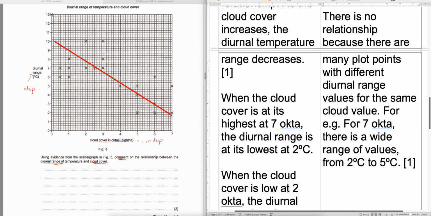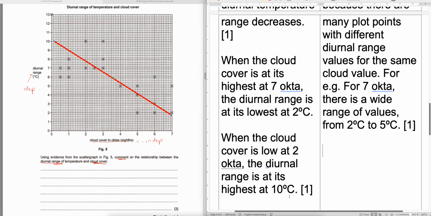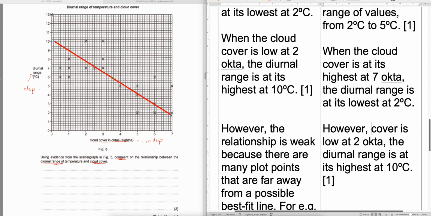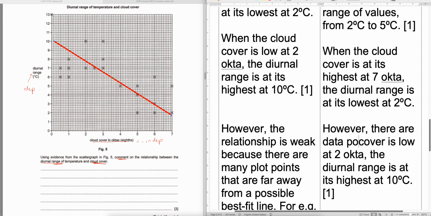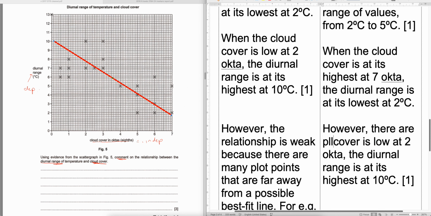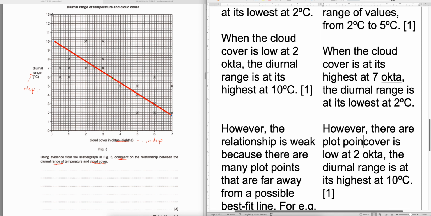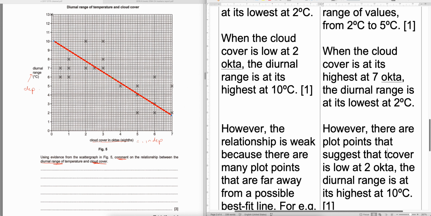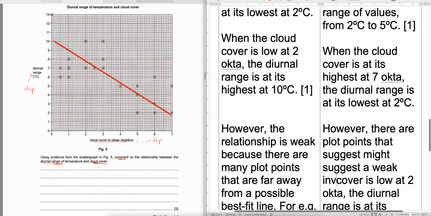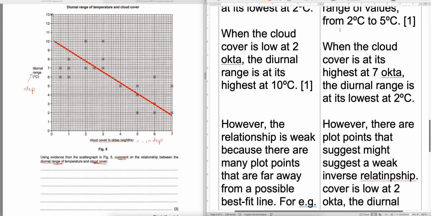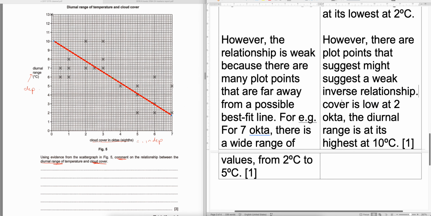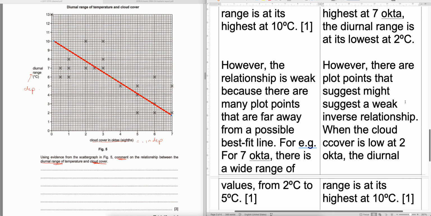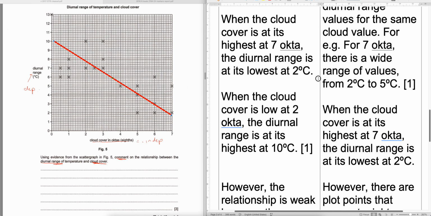Then the anomaly for this is some semblance of relationship. You might want to use this, as well as this one.